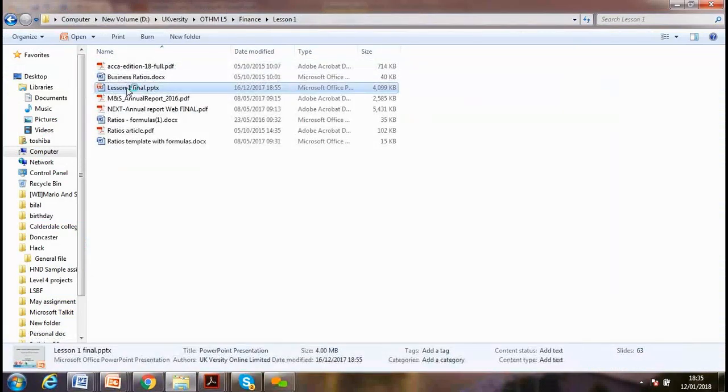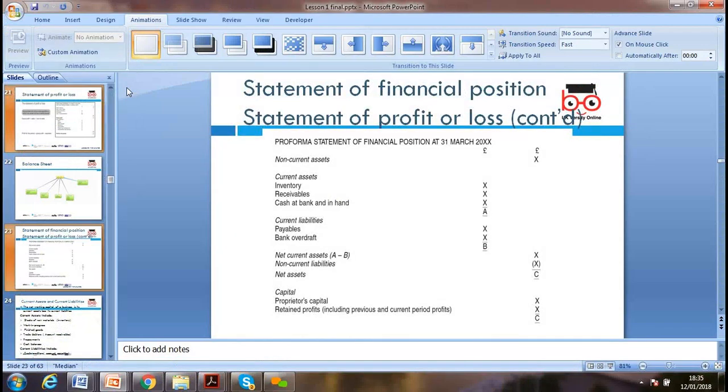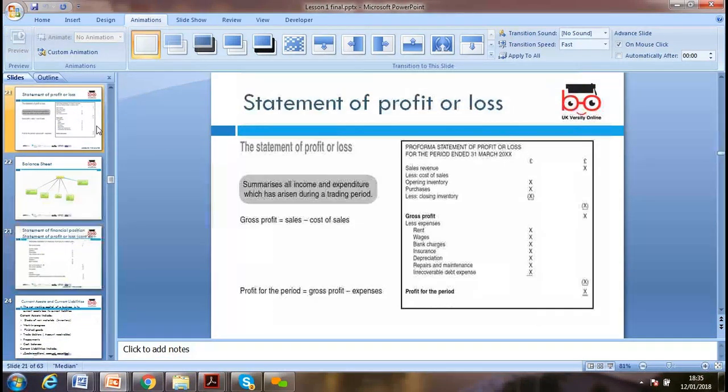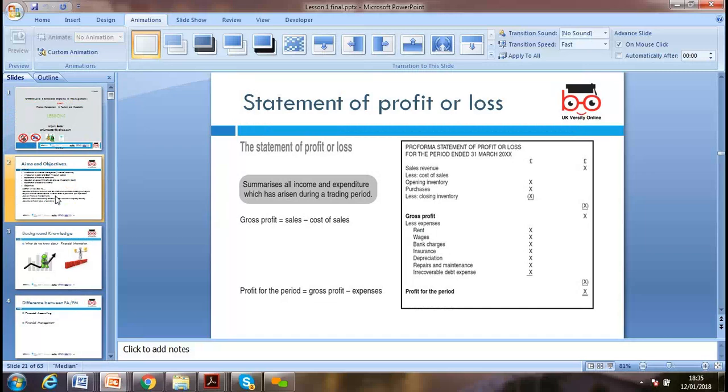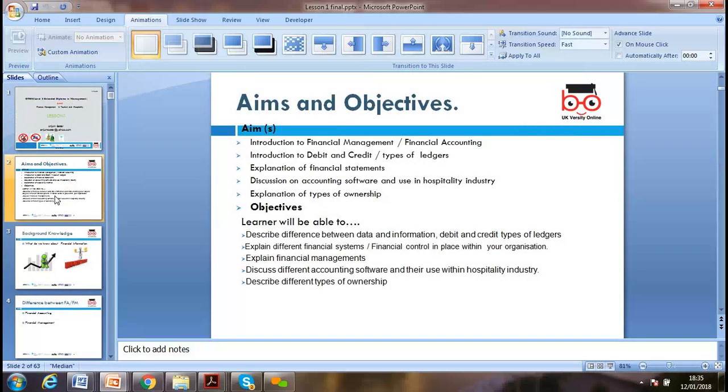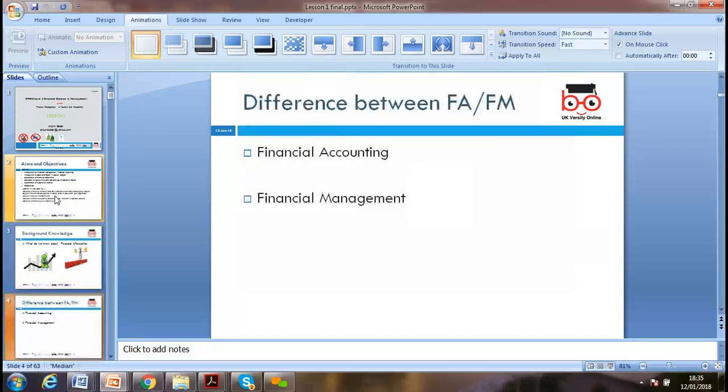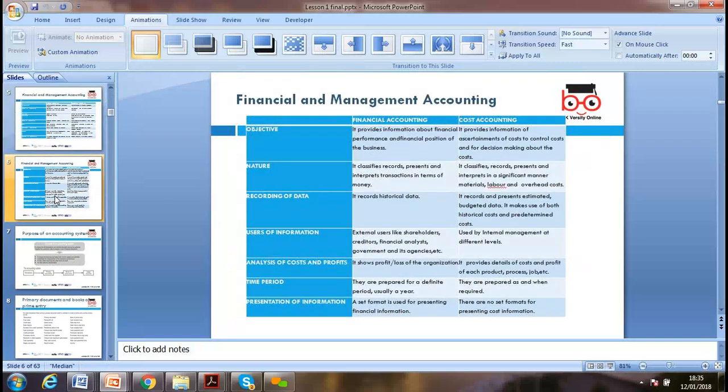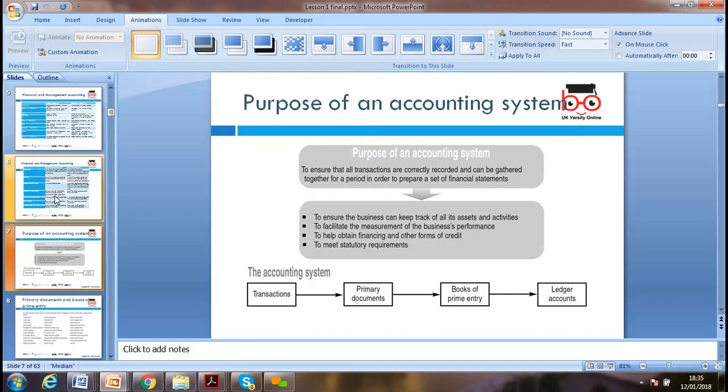During our first lesson we discussed financial management, financial accounting, financial information and types of information. We discussed the purpose of an accounting system, transactions, primary documents, books of entry, and ledgers.